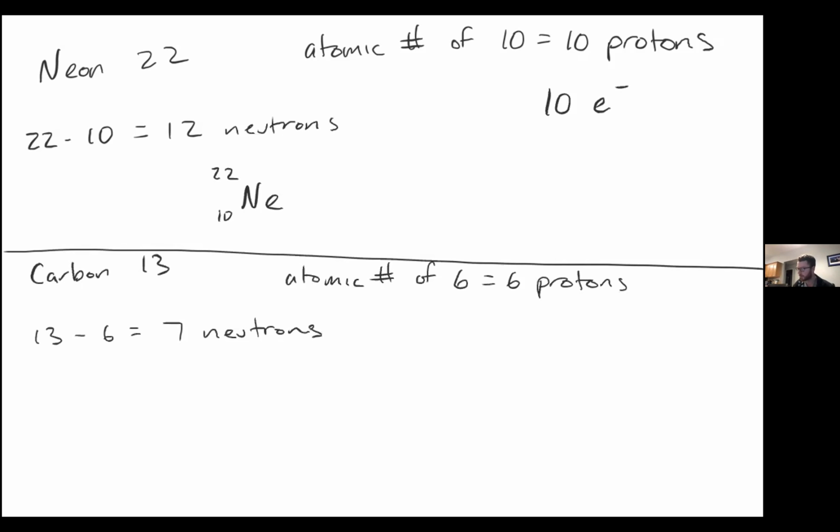And we can just assume that we have an equal number of protons and electrons, so 6 electrons. And then proper notation would be 6 and 13. Okay. I'm going to leave carbon 14 because it's very similar to carbon 13. That is how we do it.